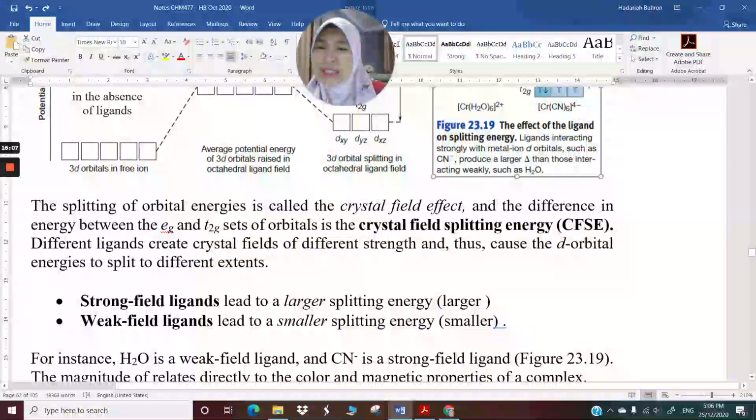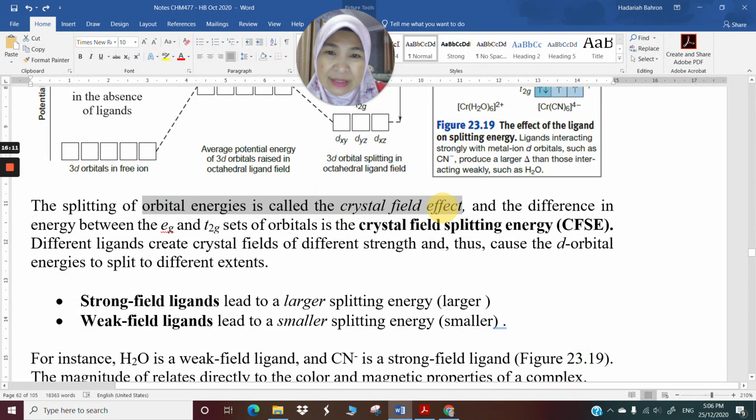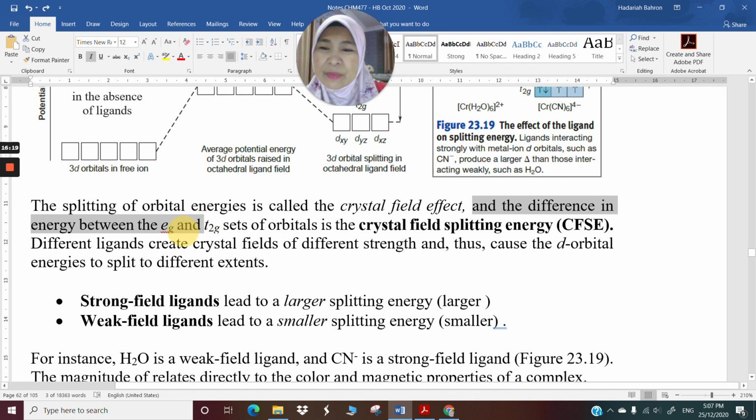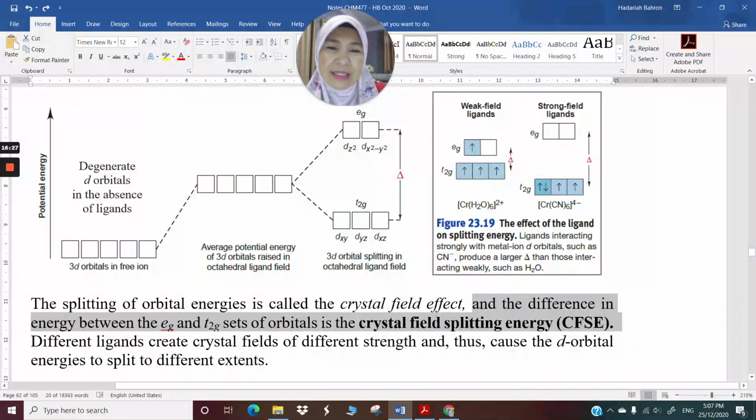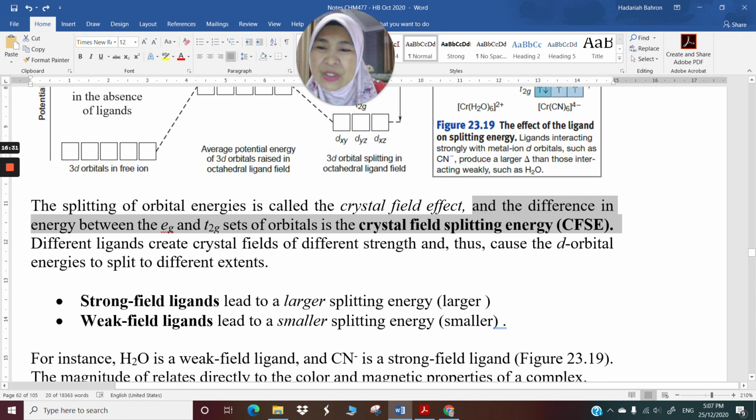Now, the splitting of orbital energies is called the crystal field effect. This splitting is called the crystal field effect, and the difference in energy between the Eg and T2g sets is the crystal field splitting energy. The delta is the CFSE, crystal field splitting energy.